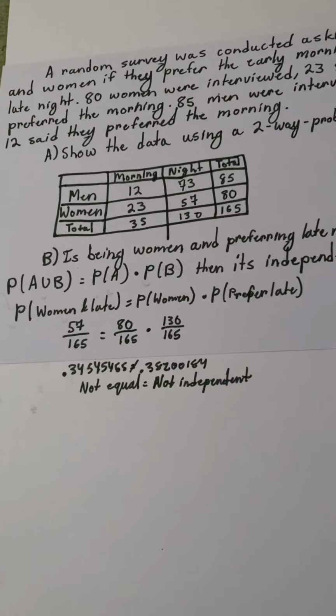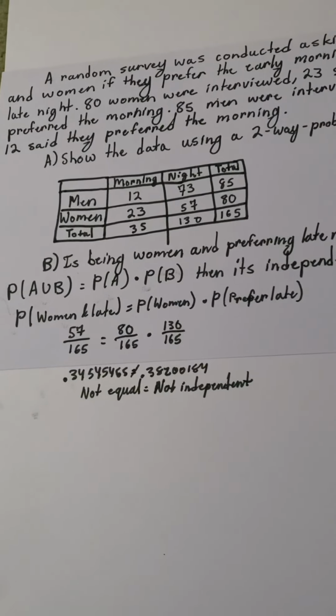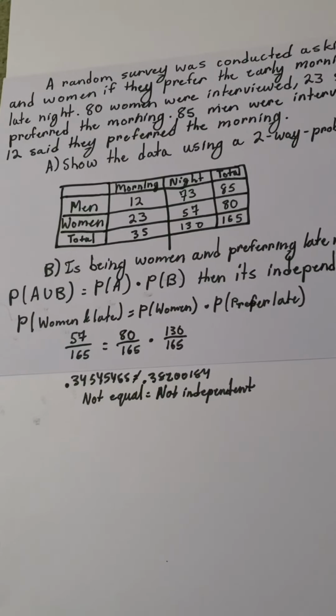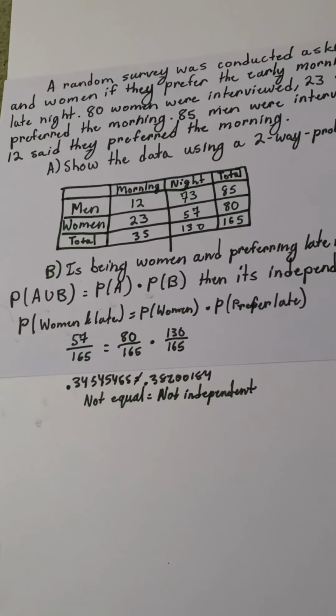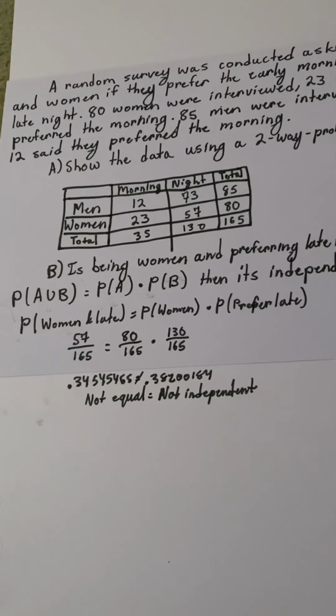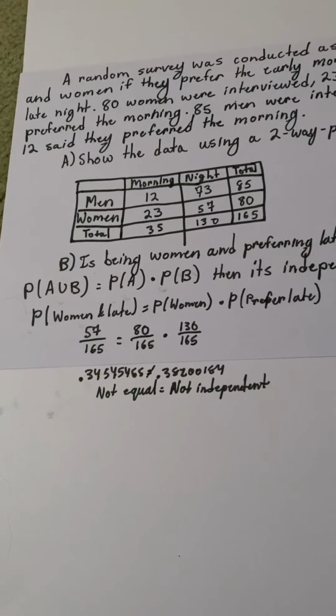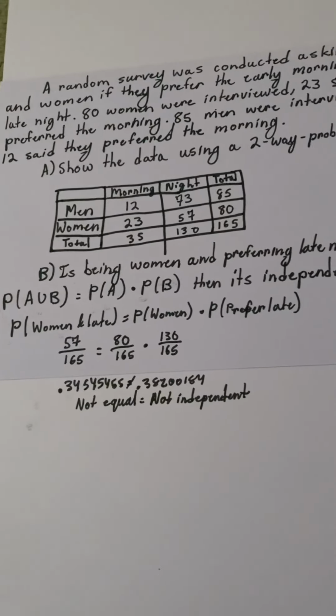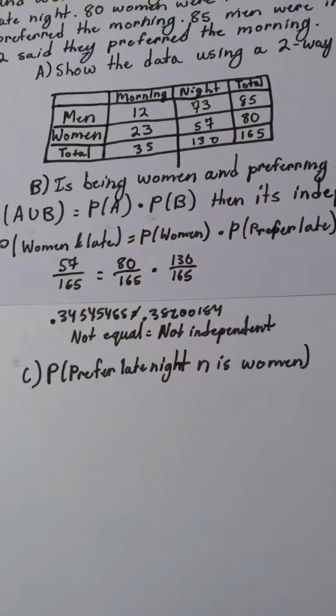And then the probability it is woman, 80 over 165, because that's the amount of women we have in this study. And the probability that they prefer late night will be 130 over 165, because we have 130 people that prefer late night in this study. And then after we calculate that, we see that those two values are not equal, which also means that it is not an independent situation.